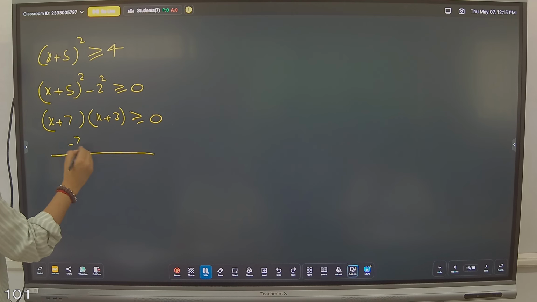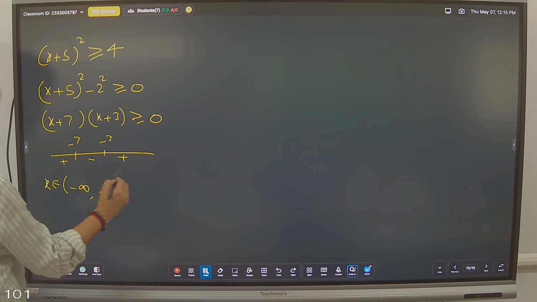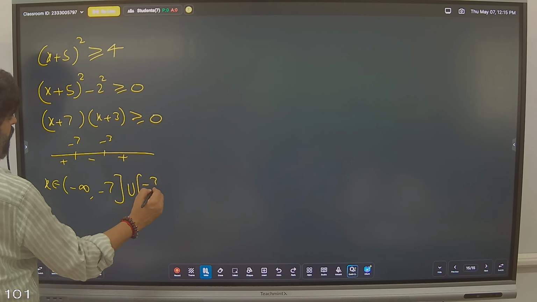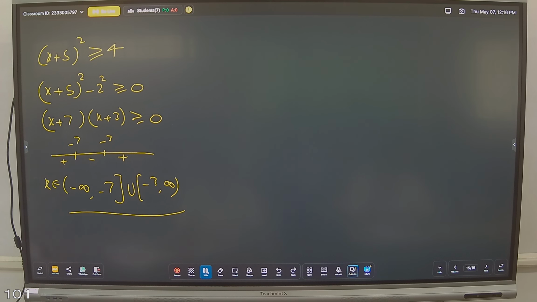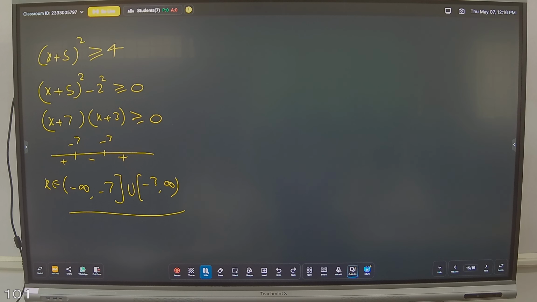Critical points minus 7 and minus 3. Positive, negative, positive. x is an element of minus infinity to minus 7 closed, union minus 3 closed to infinity. How many of you got it? So this part I hope everybody understood. Is it clear? Okay. Now, how many of you got all three correct?